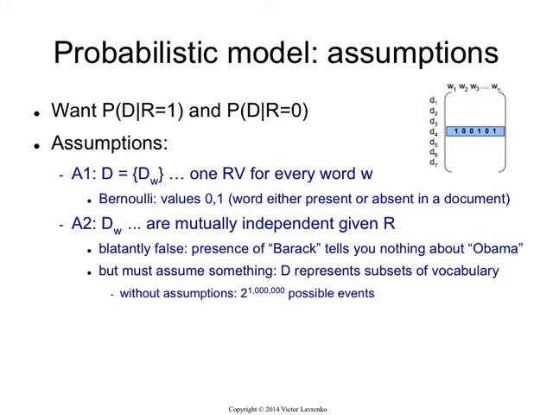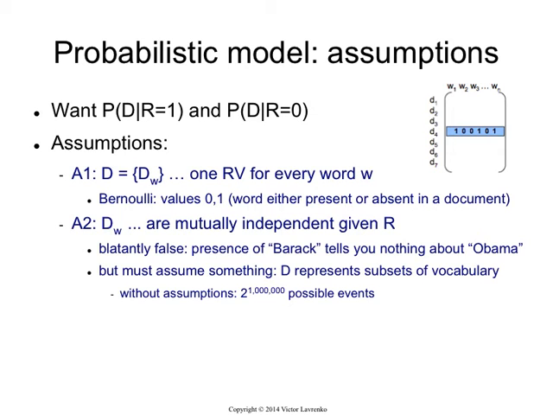What I'm saying is, if I'm in the relevant class, presence of Barack tells you nothing about presence of Obama. Blatantly false, because we know that words correlate, words have positive correlations. So that's going to be a bad assumption, and a lot of the attempts to improve the classical model are targeting specifically this assumption. So it's a bad assumption.